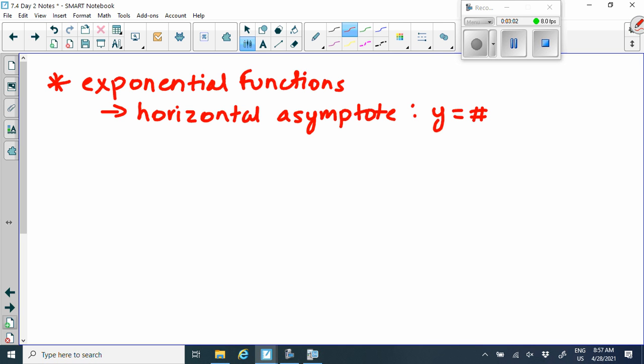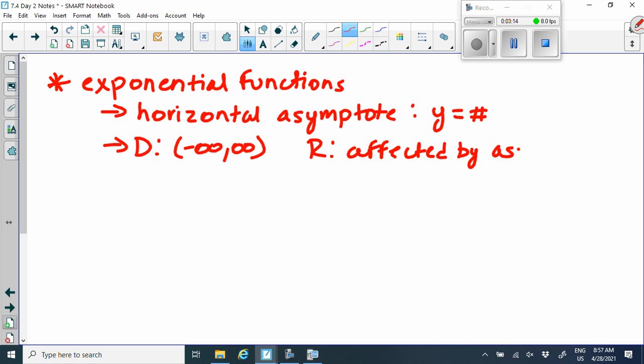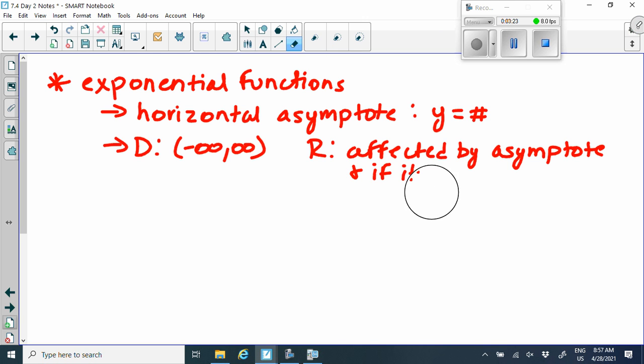And so the domain is always negative infinity to positive infinity, while the range is affected by the asymptote.